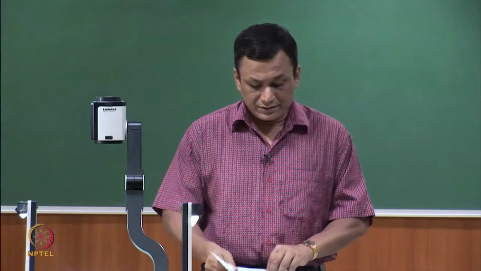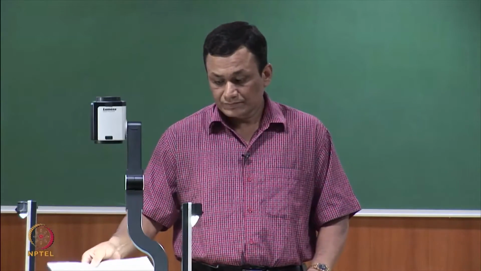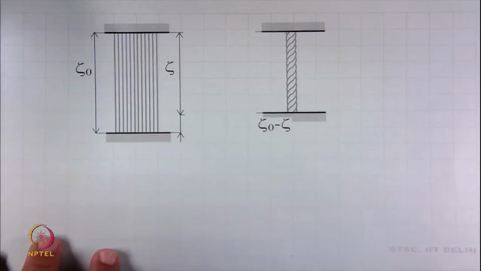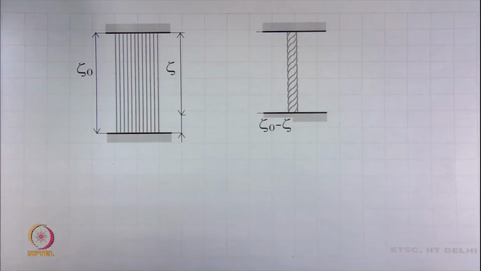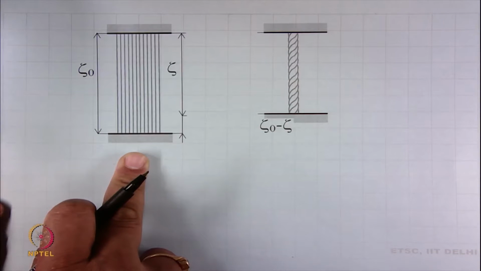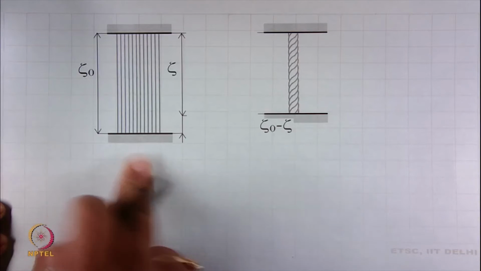Yarn retraction is schematically shown in this figure. This is a parallel fiber bundle or non twisted fiber bundle.